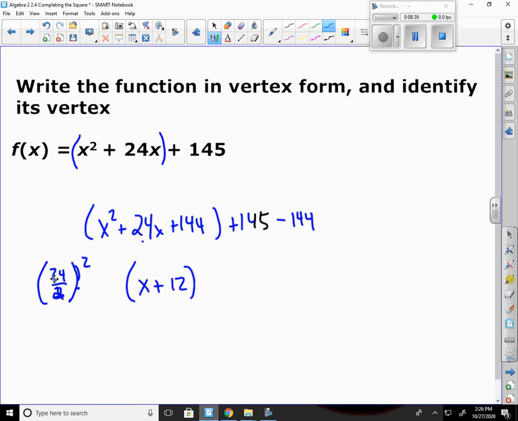This gives me x plus 12 squared because it was 24 divided by 2. 145 minus 144 gives me positive 1. My vertex is at negative 12, 1. Once you get the pattern down, these are not too bad.